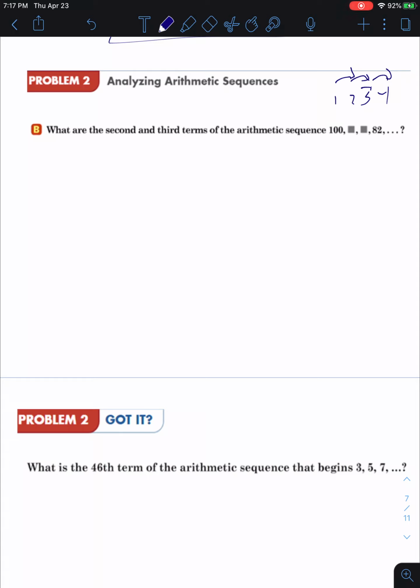So the first term, a sub 1, plus 3 hops, or 3 common differences, because it was called arithmetic, gives me the fourth term, a sub 4. Now plug your numbers in there. So 100 plus 3d would give me 82.